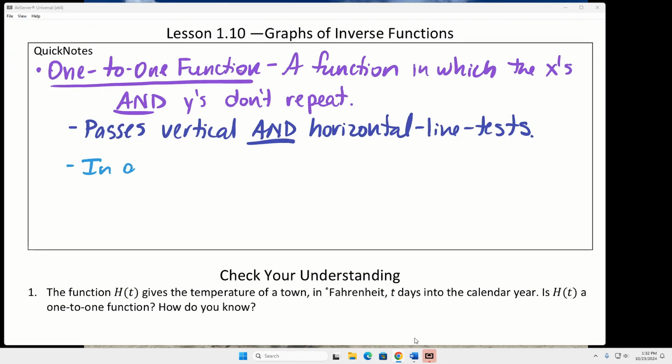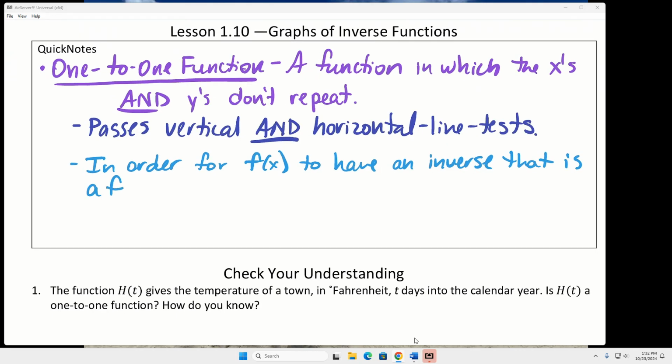In order for f of x to have an inverse that is a function, f of x must be one-to-one.